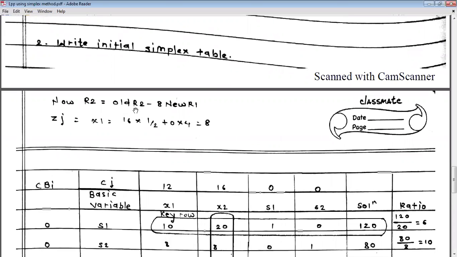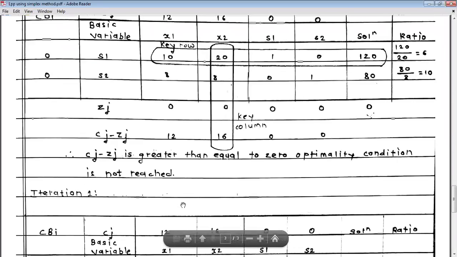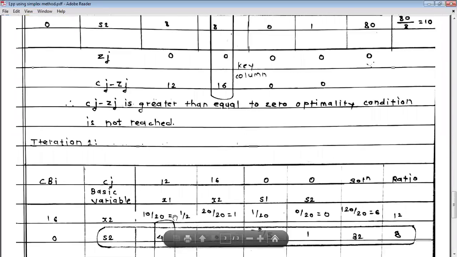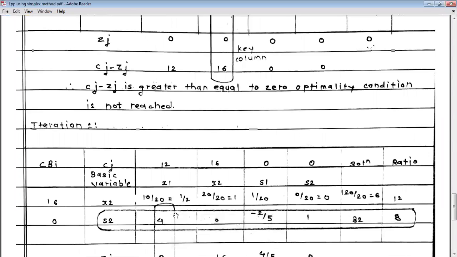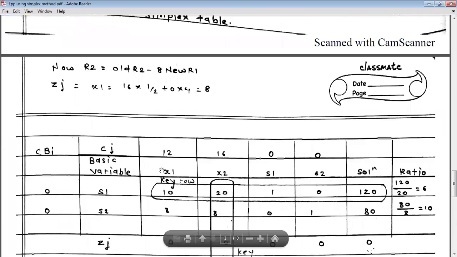Old R2 here is 8, minus 8 into new R1. What is the new R1 value here? New R1 is 1 by 2. So what you'll be getting here is 16 into 1 by 2 plus 0 into 4, that equals 8.